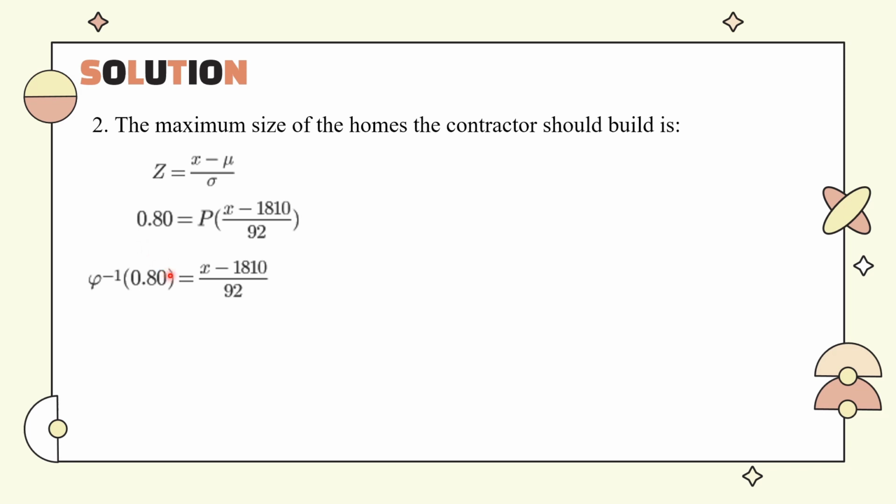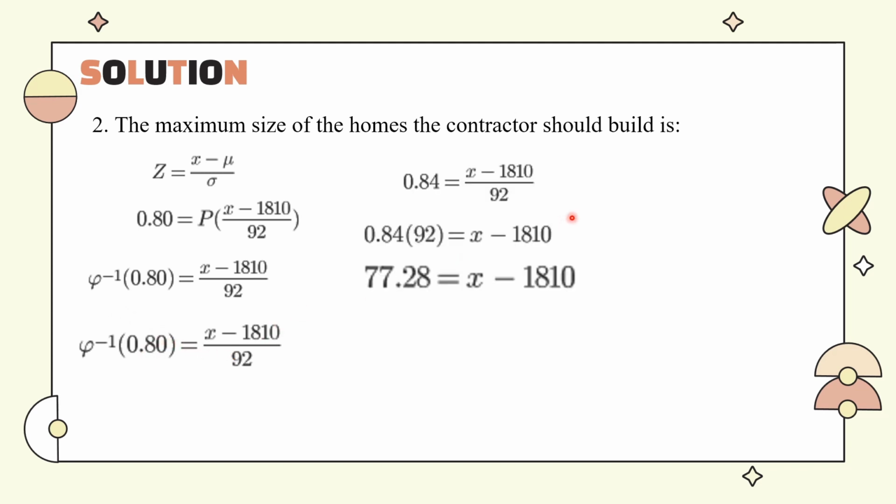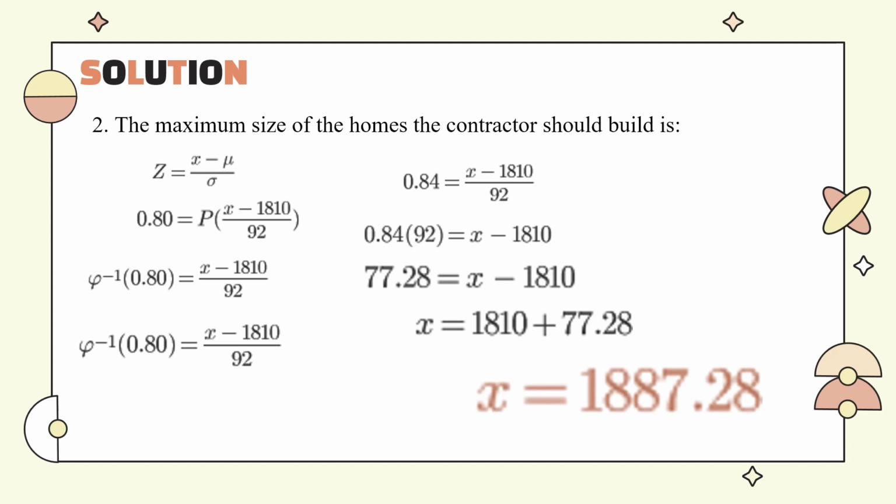Just like what we did in the minimum, we transpose, and then we arrive at 1887.28.